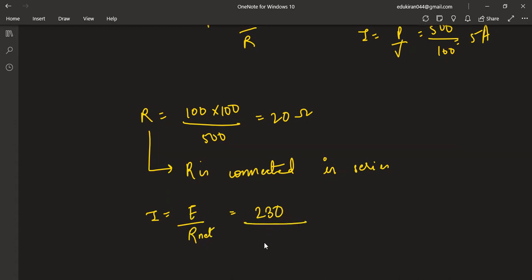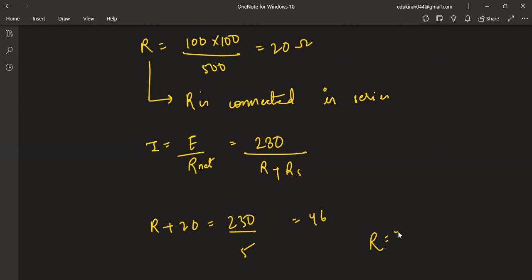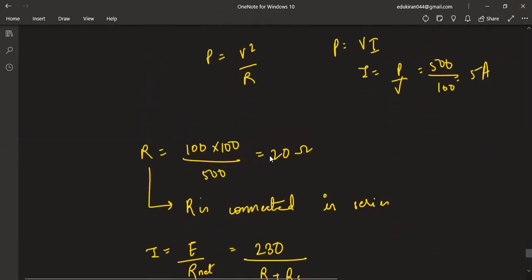This is given. So R plus whatever R is in series. So R plus 20, this will be 230 by 5, which is 46. So R is equal to, from here subtract 20, so 26. It's just that you have to use this formula. P is equal to V square by R, and these are important formulas.